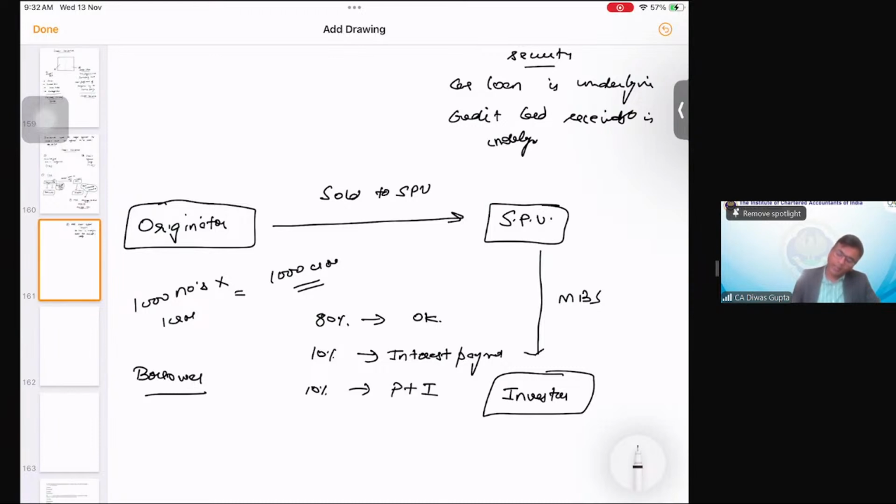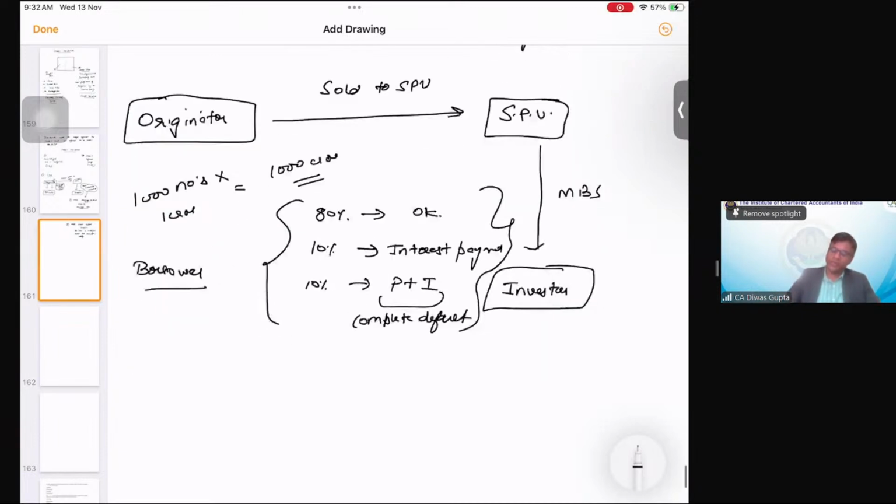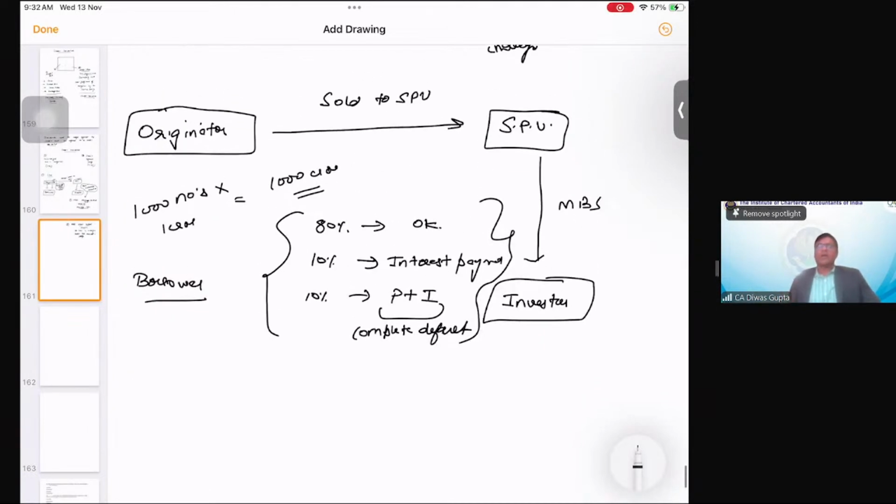There will be a complete default. Let's say this analysis is already done. This is the additional information given to us. Now, what will SPV think? SPV will say there is a risk, first of all, right? Risk of these 10% not paying interest and these 10% not paying fully. These are the risks being carried by SPVs slash originator.